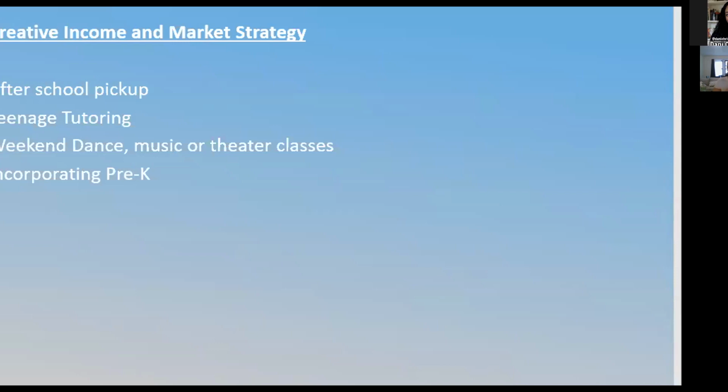What she was earning from the after school pickup did not cover the expense of the vehicle. So it made no sense. You have to always try to calculate those things in the area. Ask questions, look up other daycares, look at the competition, see what the rates are going for. If you know a school, or if you are in the area and a child goes to that school, ask parents, hey, who picks up your child? How much do you pay?